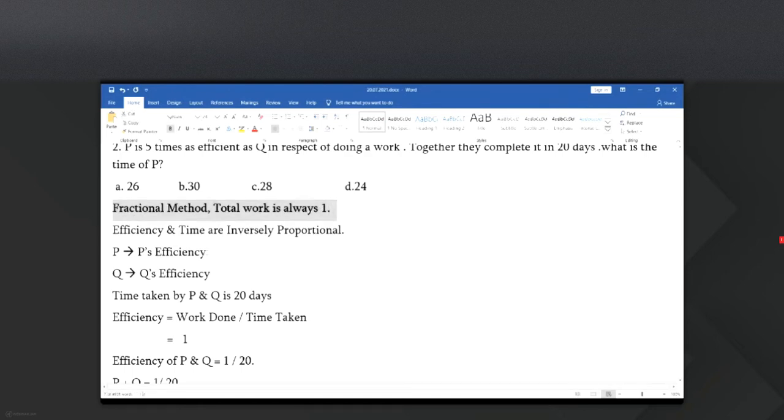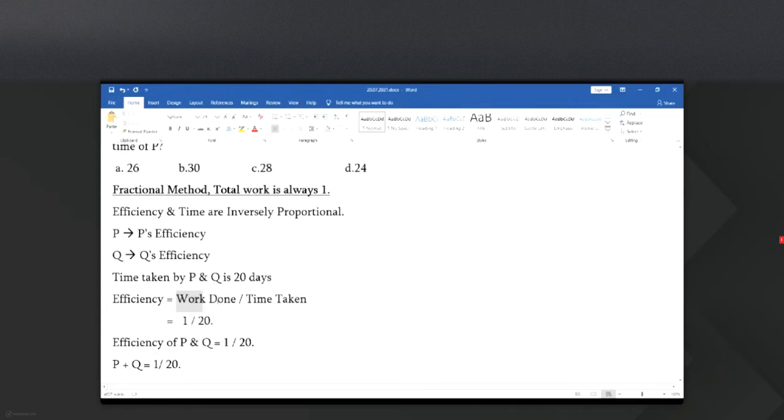So what does it mean? It means work done will be one, divided by the time taken. Time taken is 20 days. That is how I got the efficiency as 1 by 20. The total work done is always one in the fractional method, and the time taken is 20 days, so 1 by 20 will be the efficiency.